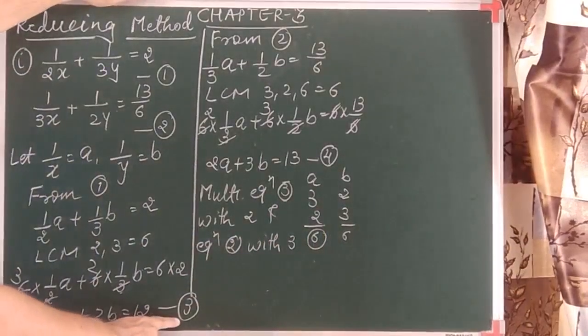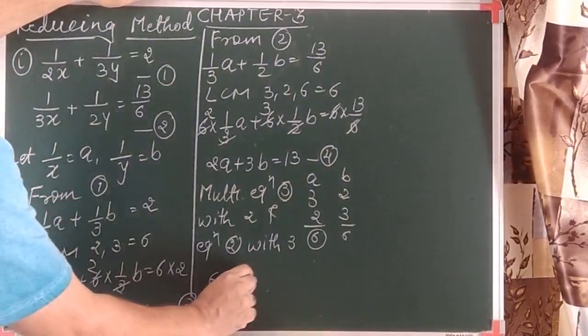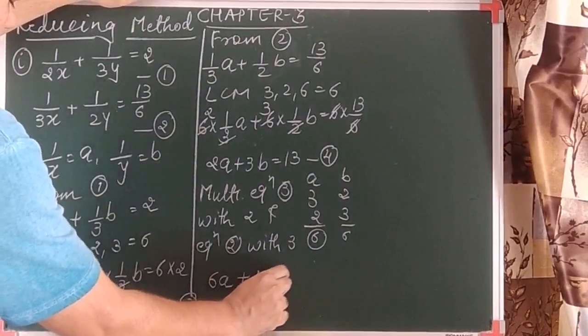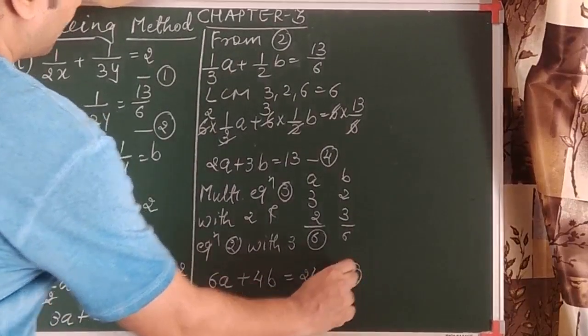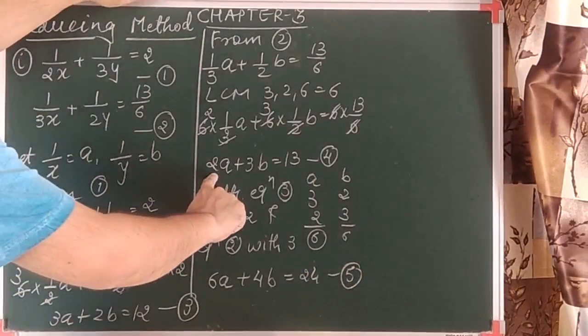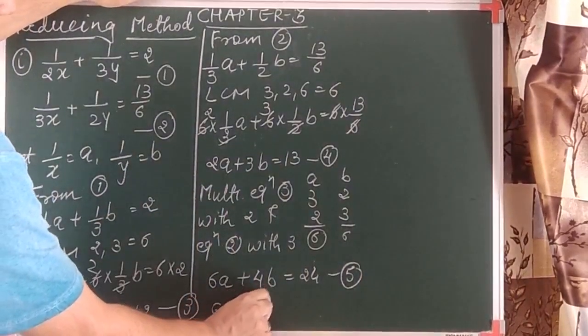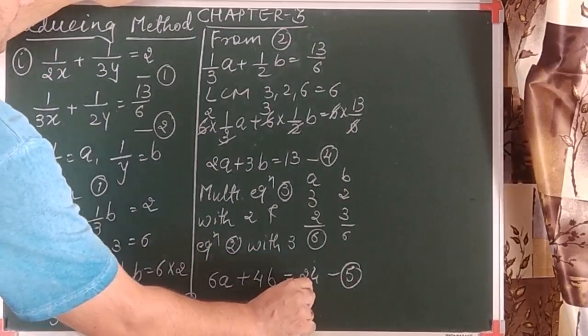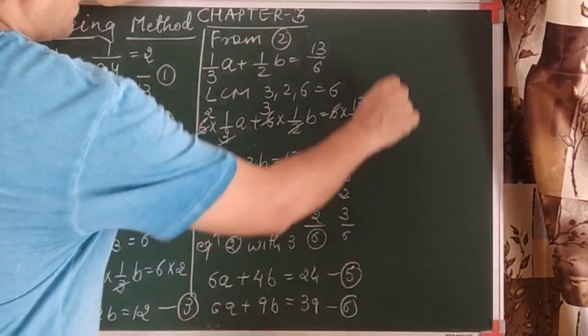Let's multiply this equation with 2. So 3 2s are 6a plus 2 2s are 4b is equal to 12 2s are 24. This is the new equation we obtained. And the fourth equation should be multiplied with 3. So 3 2s are 6a plus 3 3s are 9b is equal to 13 threes are 39. So this is equation number 6.